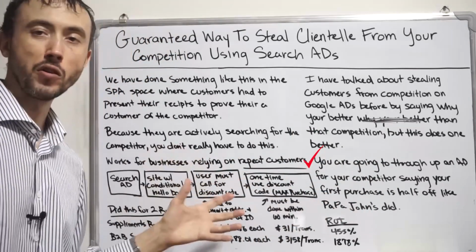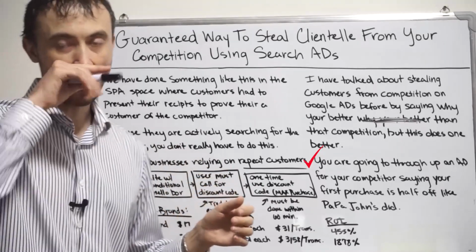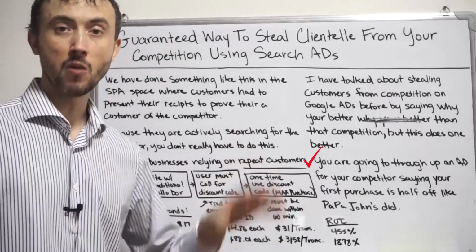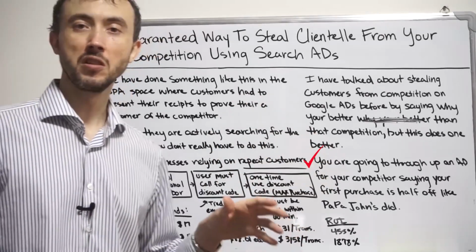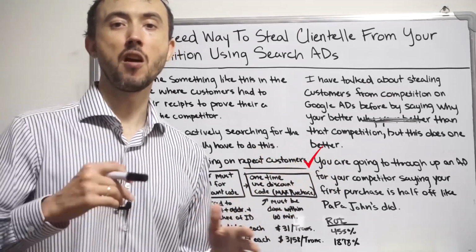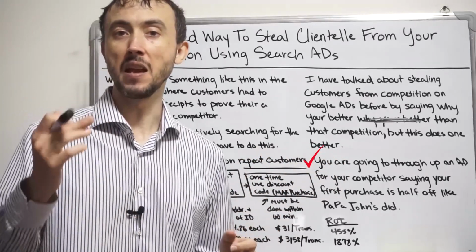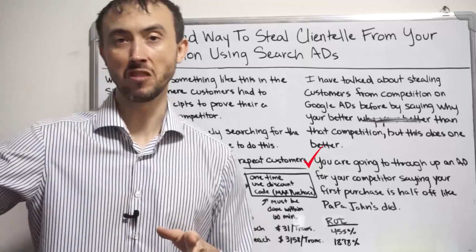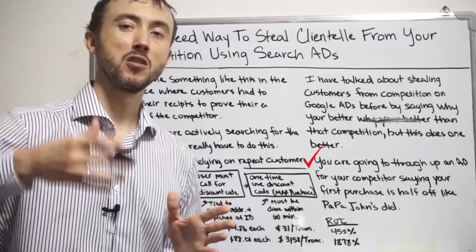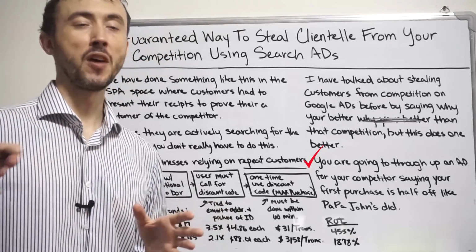And then through technology, if we found that person searching for that competitor's name or product name, we can get them through our site and actually offer them half off the first purchase, and make it stick to where they can't get their second or third purchase at that price unless we want it to be. Like I said, sometimes you'll want to do it for the first three purchases to really build a habit.